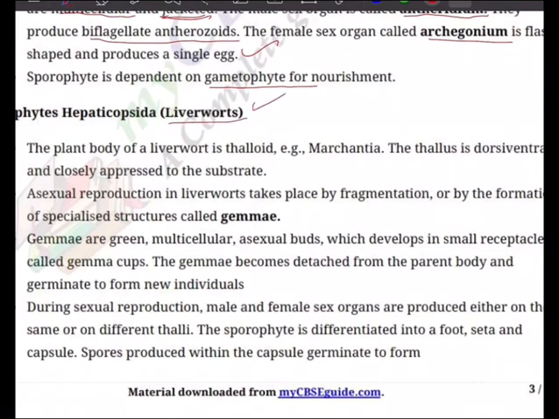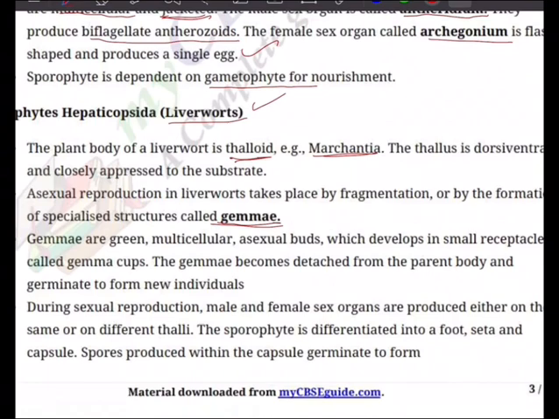So in bryophytes we are going to talk about liverworts, Hepaticopsida. The plant body of a liverwort is a thallus. Example, Marchantia. The thallus is dorsiventral and closely appressed to the substrate. Asexual reproduction in liverworts takes place by fragmentation or by the formation of specialized structures called gemmae. These are important.